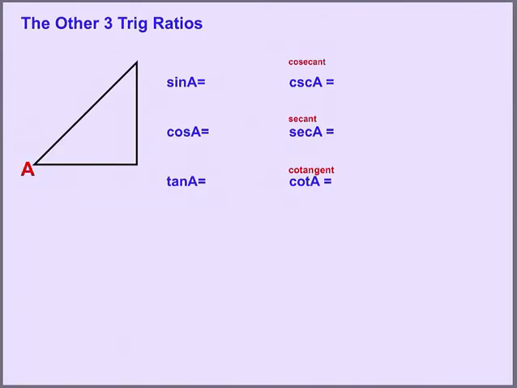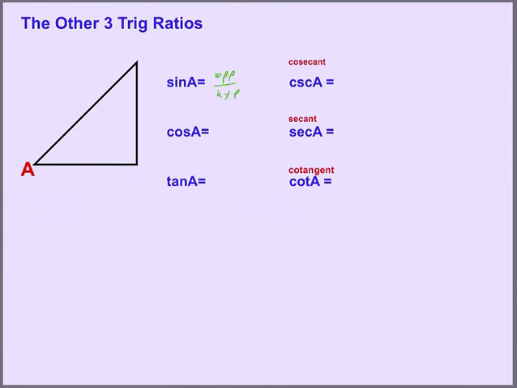One last thing to talk about this lesson. There are 3 other trig ratios. I don't know if you've ever heard of them. We've got sine, cosine, tangent down, but there are 3 partners to all of them. They're the reciprocals. We know that sine is the opposite leg over the hypotenuse.